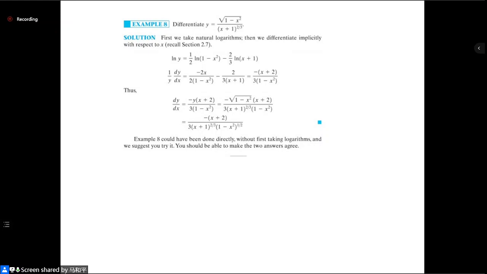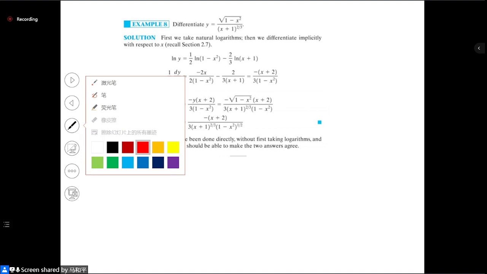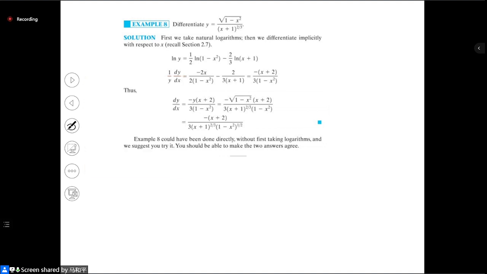This means first write y is equal to the square root of (1 minus x squared) over (x plus 1), to the power 2 over 3. Right. And we first take natural logarithms.